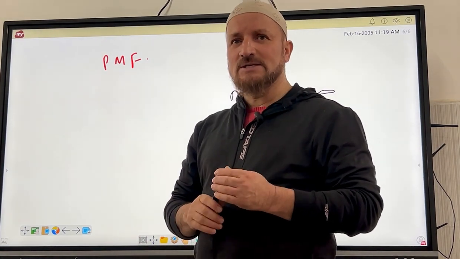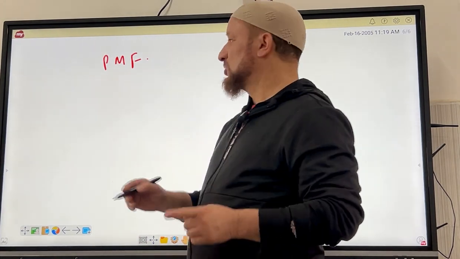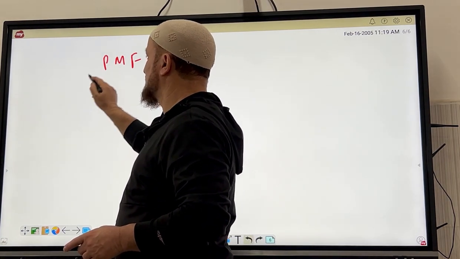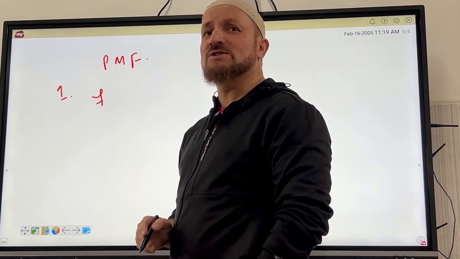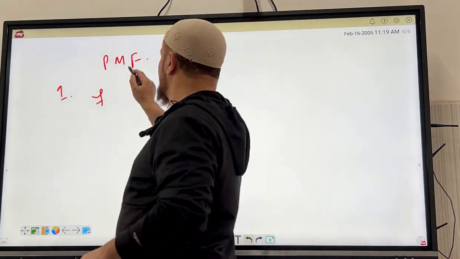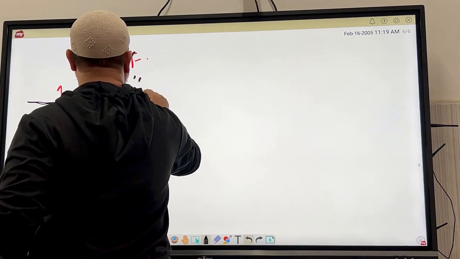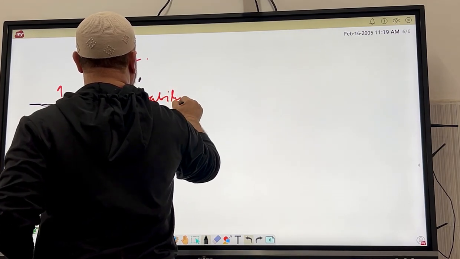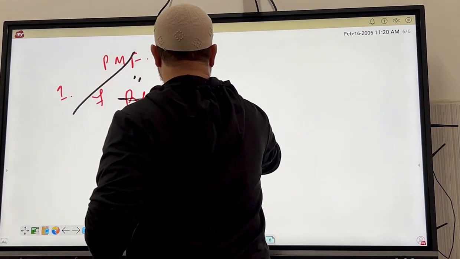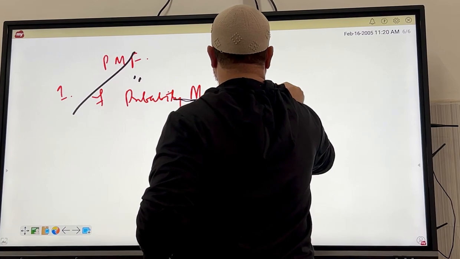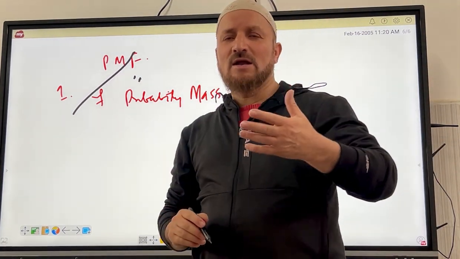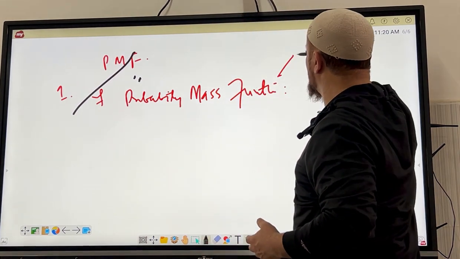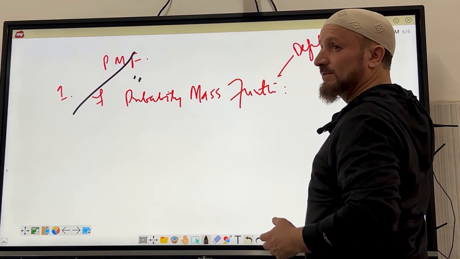Probability mass function says, number 1, जो आपका f of x है, it needs to satisfy 2 conditions. So let me write it. Probability mass function. Write the definition of it.